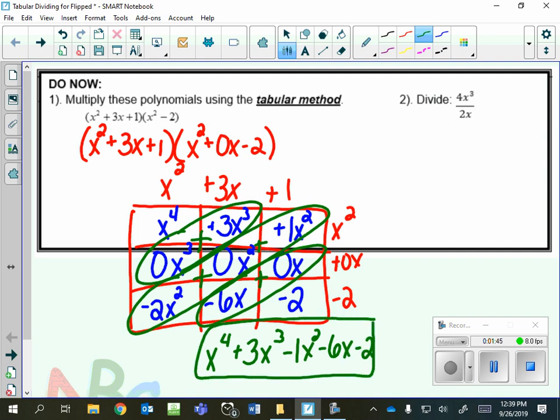Remember, once again, if you didn't use the placeholder, you're going to end up with the same answer, but starting today when we go to divide, it won't work. You'll get stuck. And then your second do now, you're dividing your coefficients, so you should get a 2. And when I'm dividing my exponents, I'm subtracting them. This has an imaginary 1, so my final answer should be 2x squared.